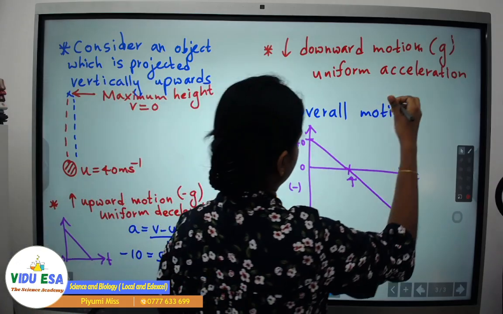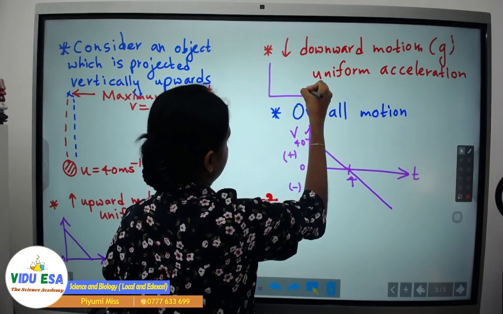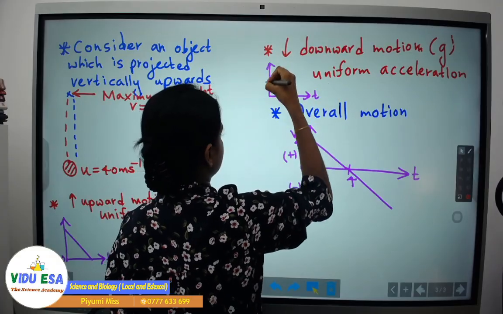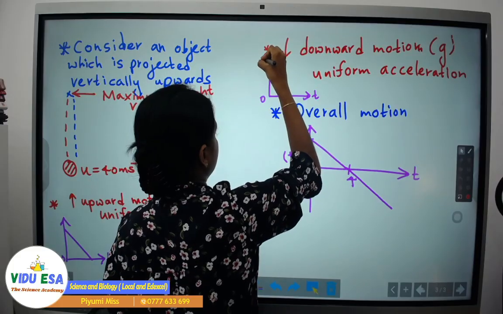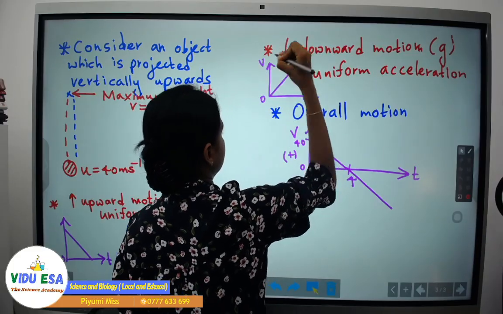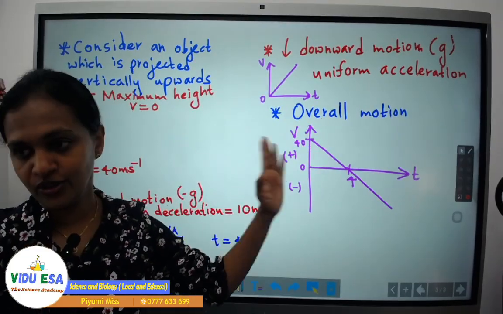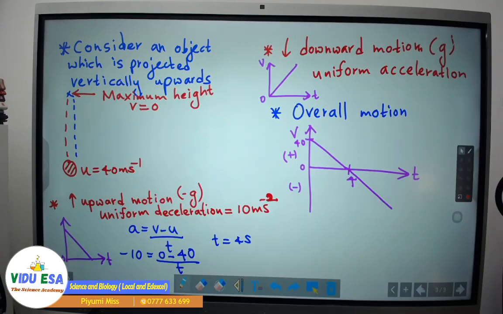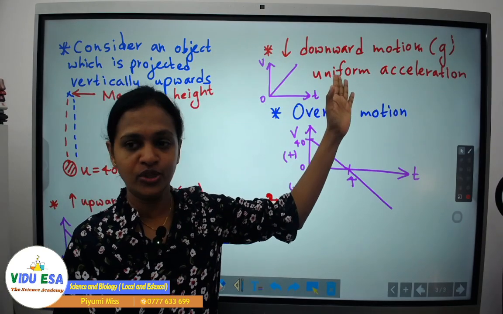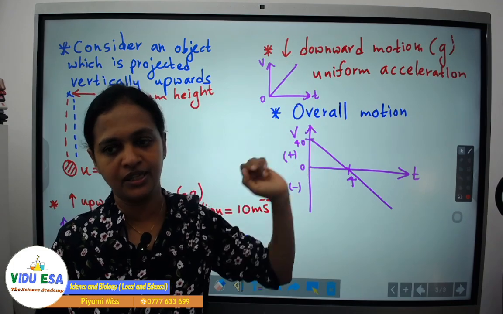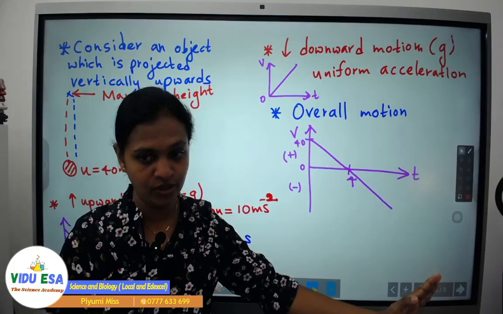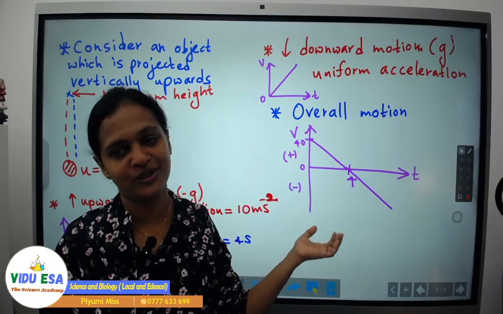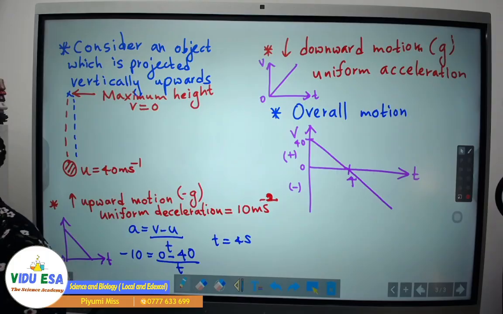And for the downward motion, if we draw a graph, it is a uniform acceleration, right? It is a uniform acceleration starting from 0. If it is for the overall motion, we will get a graph like this. Understood? Now if we draw a separate graph for the downward motion, it is something like this. But for the overall motion, it will be something like this because it is in the opposite direction. Okay, think about this well, because this is something you get confused about when it comes up in questions.